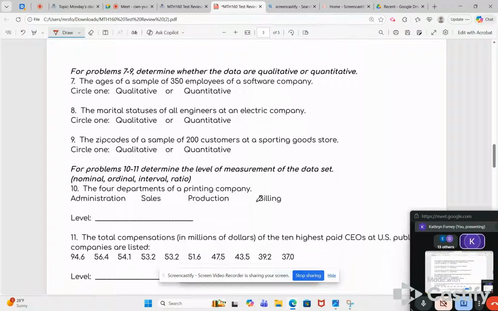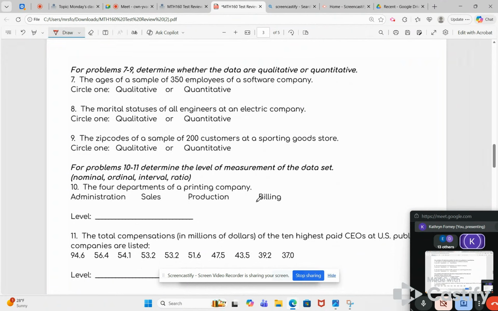All right. For problems 7 through 9, determine whether the data are qualitative or quantitative. So, with qualitative, we think of categorical, and with quantitative, what do we think of?